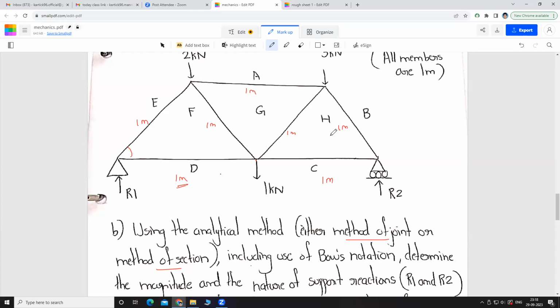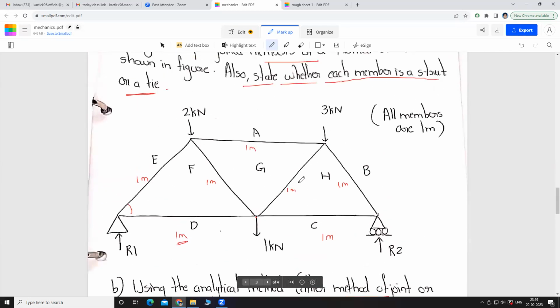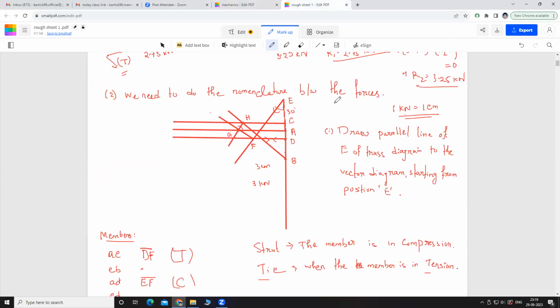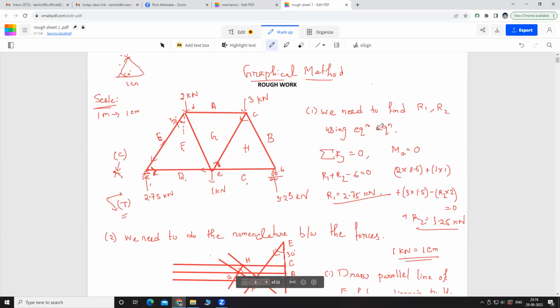So we need to determine the magnitude of the support reactions, and also the force in the members. So R1, R2, we have calculated. That is a universal method, using equilibrium.